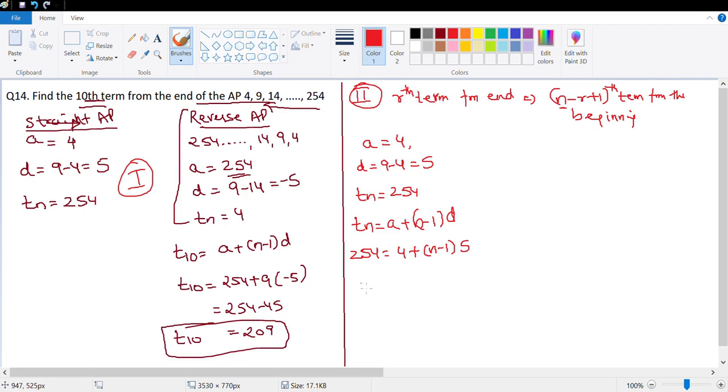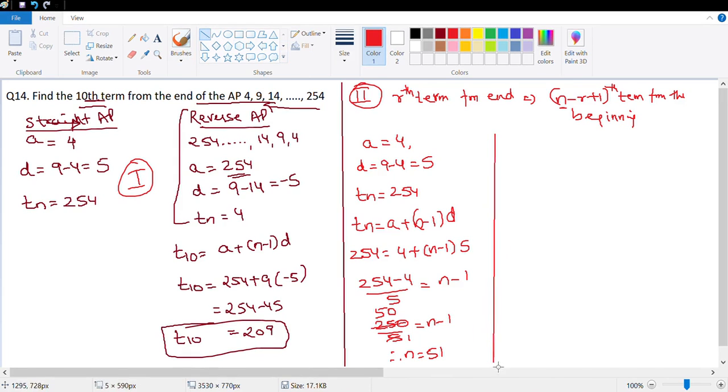This gives me 254 minus 4, upon 5, is equal to n minus 1. 254 minus 4, that's 250. 250 upon 5 is equal to n minus 1. That's 50. Therefore, n is equal to 51. So there are a total of 51 terms in this AP.